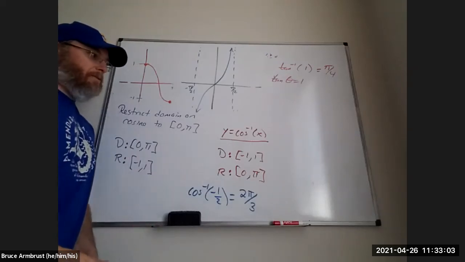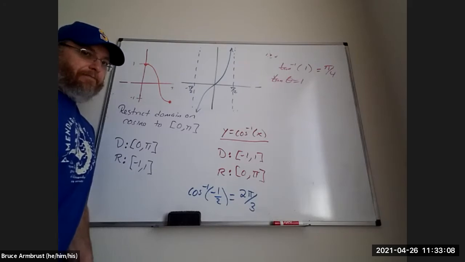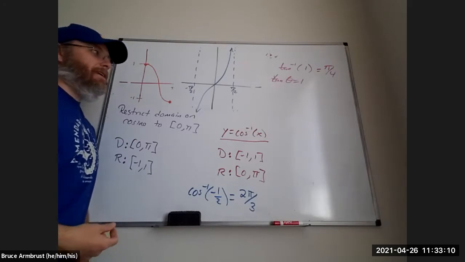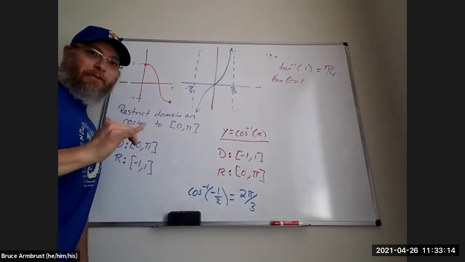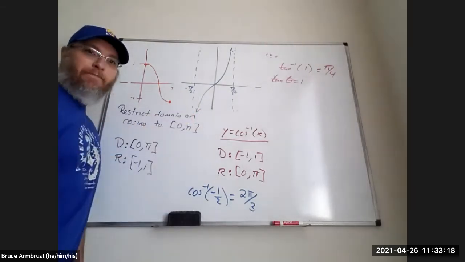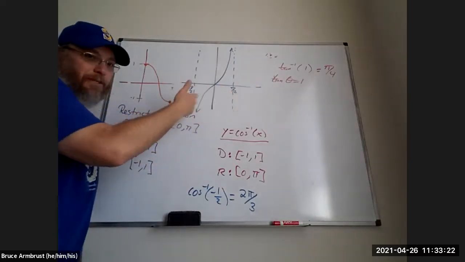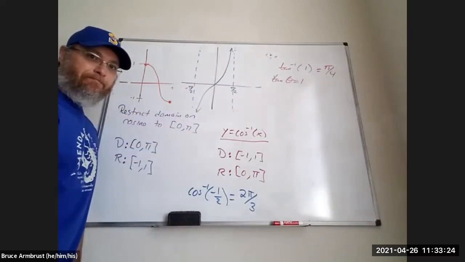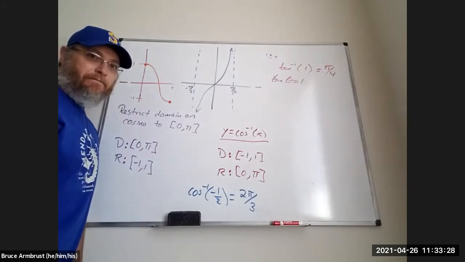So this is where we're going to restrict the domain for tangent. To me, tangent's the one that makes the most sense. I look at that and go, oh yeah, that's perfect. Because if I've got this, I know all the other ones are just copies of it anyway. So let's just use that interval right there.